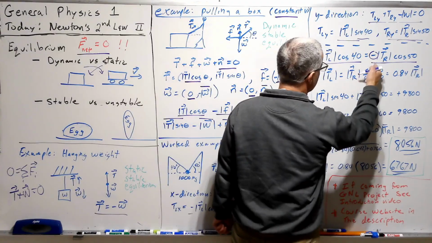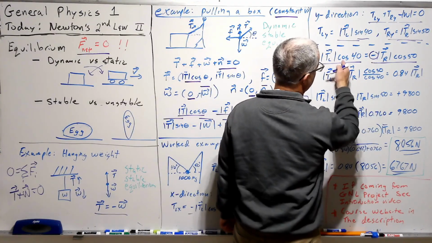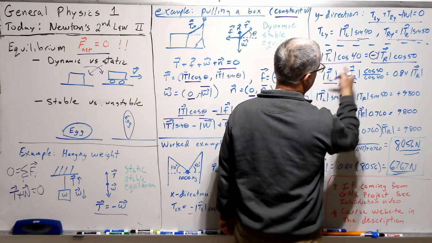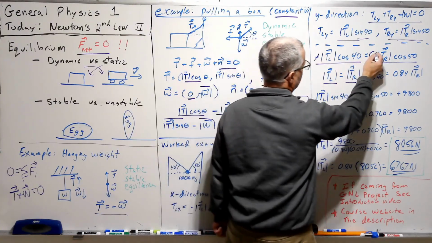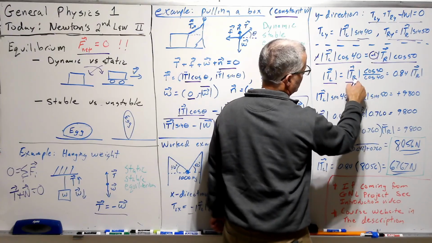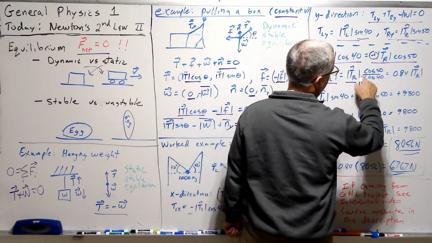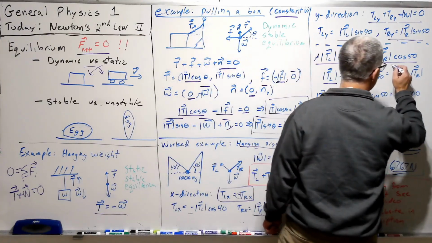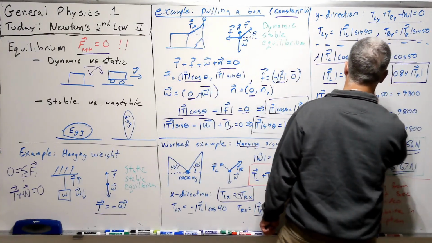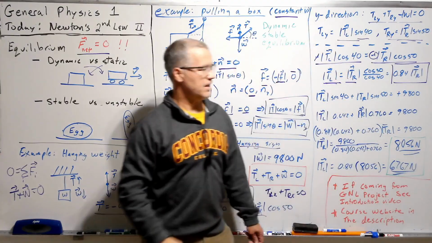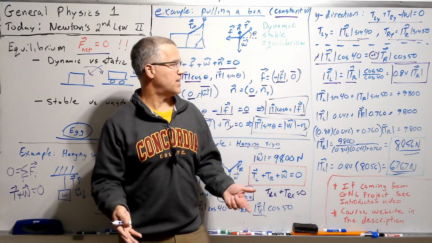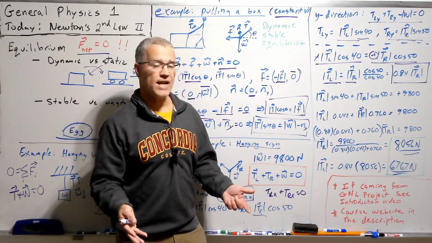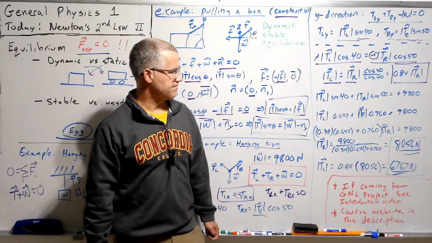We can bring this cosine over to the other side, and we can write TL, and we'll cancel out the minus signs. So we'll write TL as a function of TR, and so we have this ratio of cosines. We can bring that to an actual number here, and so we have one equation that the relationship between the magnitudes of the tension is such that the tension on the left is 0.84 times the tension on the right.